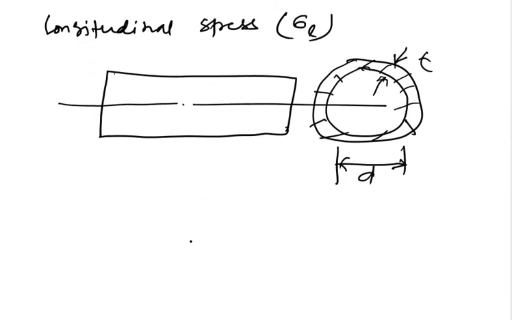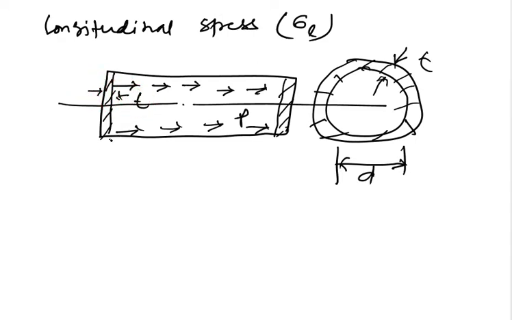Now pressure is acting along the x-axis like this. This is the pressure P. This is the thickness of the cylinder, T, and this is the length of the cylinder, L.